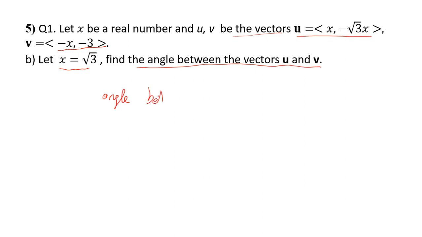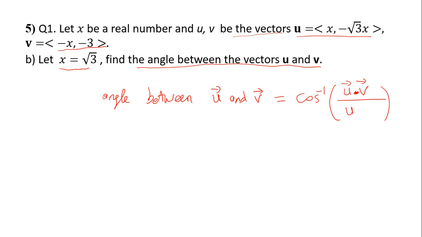The angle between the vectors u and v is found by this formula: cosine inverse of u dot v, the dot product, divided by the magnitude of u times the magnitude of v. So the length of u, the length of v.